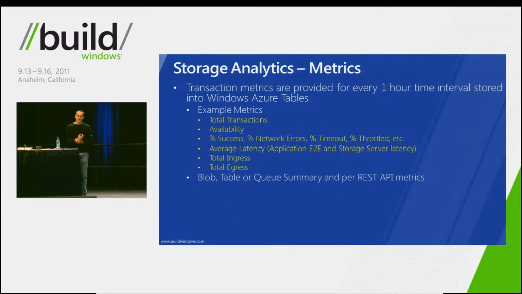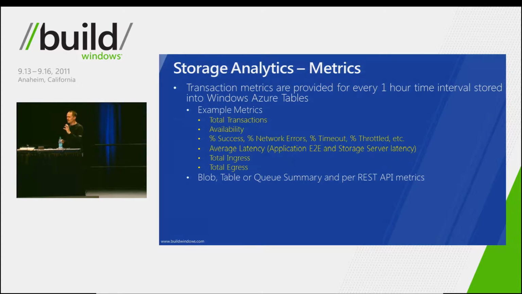Now, the transaction metrics are provided at a 1 hour time interval. So for every hour of the day, we output a bunch of metrics, which are shown here, such as total transactions executed against your tables, blobs, queues, the availability, percent successful, network errors, timeout errors, throttled errors, the average latency, ingress, and egress. Then it's provided at a few different levels of granularity.